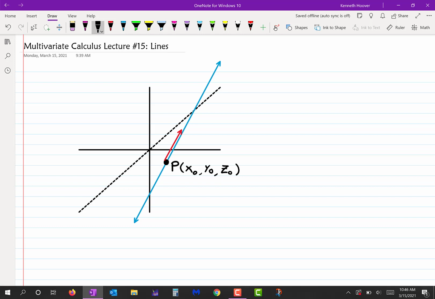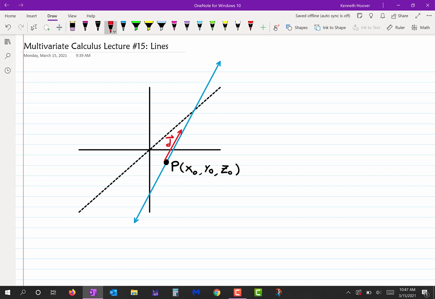Let's call that red vector D, because it's called the direction vector. Okay? Now every point on that line is reached by adding a multiple of D to the point P.